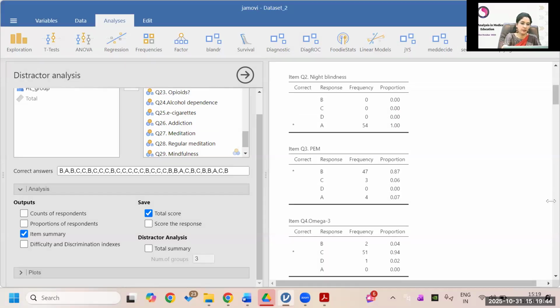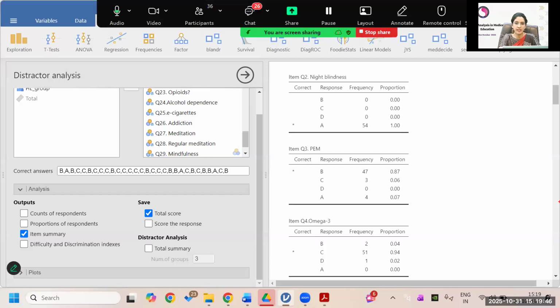Now you tell me what is the difficulty index or the facility value of the third item? All of you please type in the chat box. What is the facility value? Yes, easy, very right. But I am asking it in terms of percentage. If I ask the percentage, yes, it is 87%.